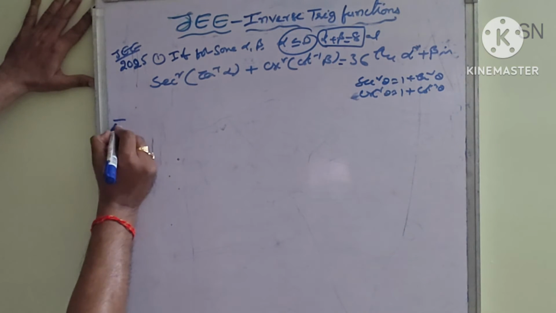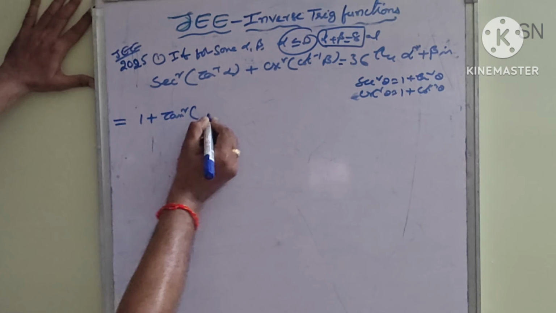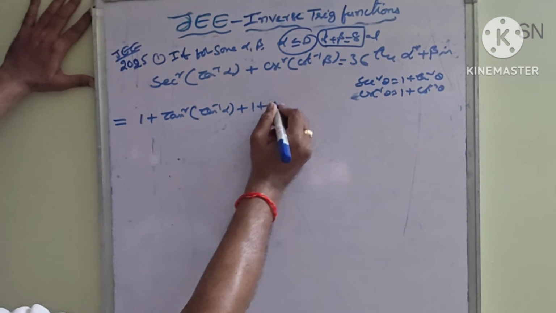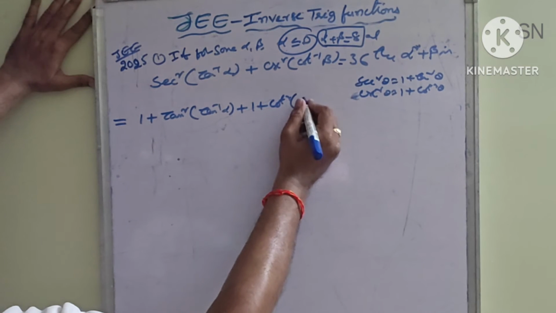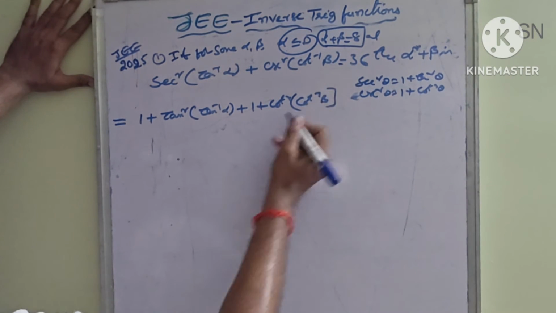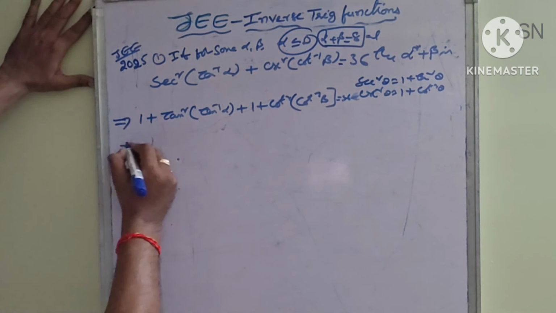Can substitute this one. Now here 1 plus tan square of tan inverse alpha plus 1 plus cot square of cot inverse beta is equal to 36.